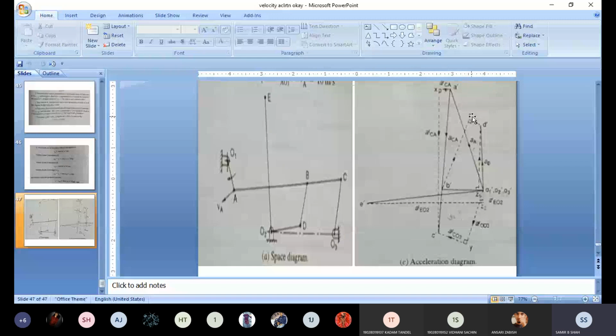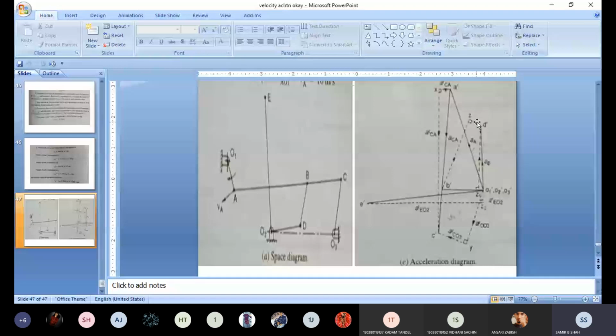Okay, now we concentrate. After that, I can draw a perpendicular line from point Z, which is perpendicular to the space diagram of BD. So I just draw the perpendicular line.